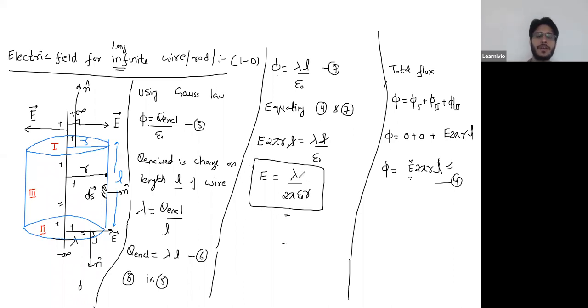So this is the electric field: E is lambda over 2 pi epsilon naught R. You can say that the electric field due to this long wire is inversely proportional to the separation from the wire.